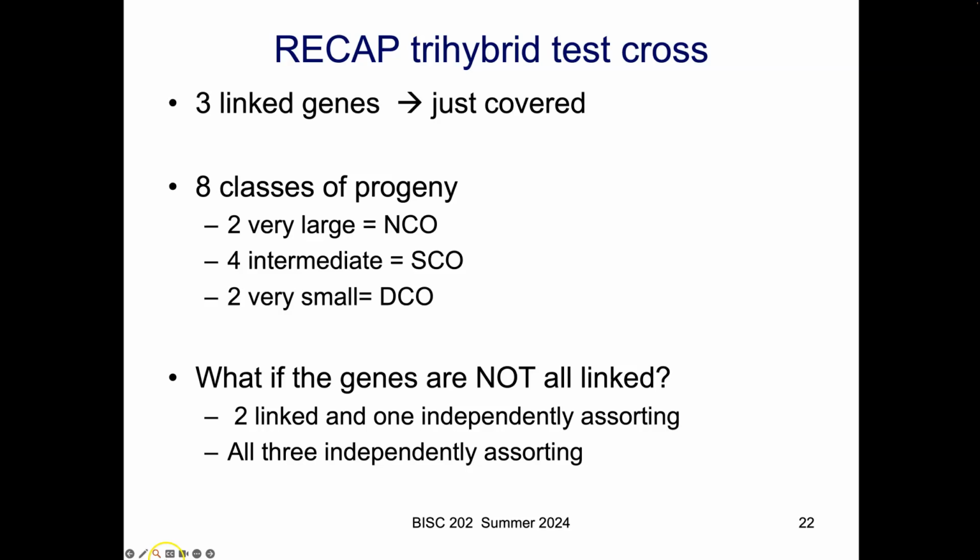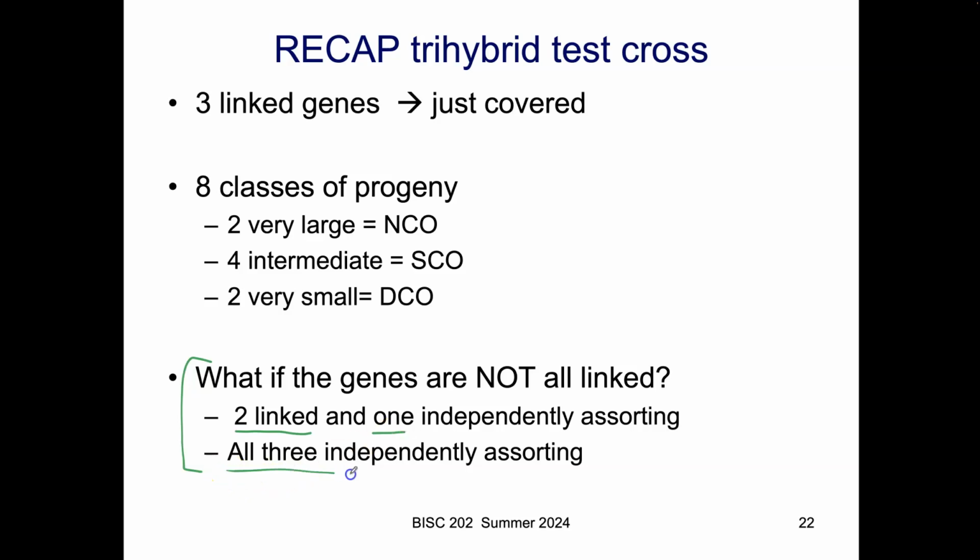So we finished off talking about cases where you can map 3 linked genes with a trihybrid test cross. And you can do any kind of trihybrid cross this way. And I asked you to give some thought to what kind of pattern you would expect to see if you had 2 genes that were linked in your trihybrid, but one was on a different chromosome, so it was assorting independently.